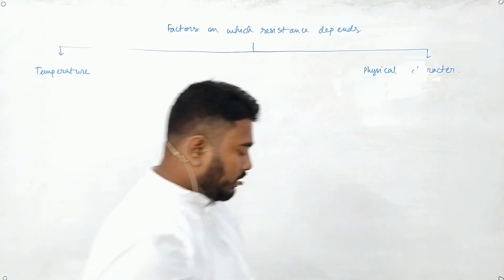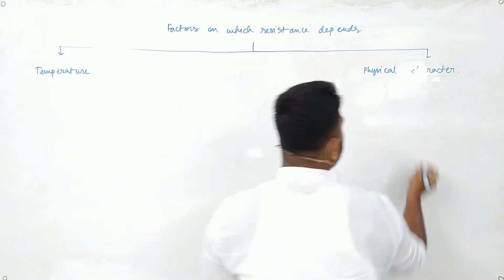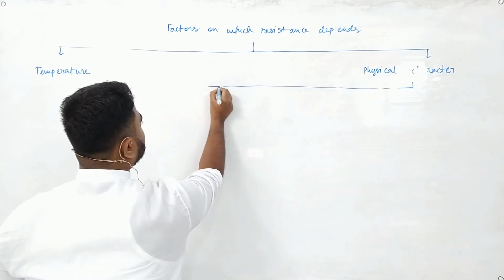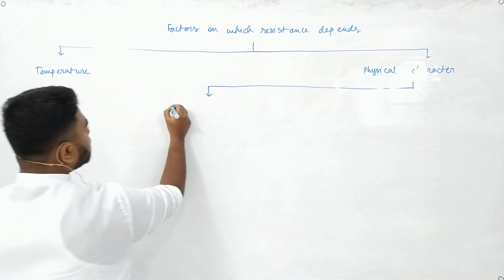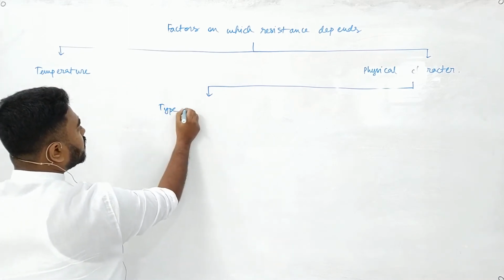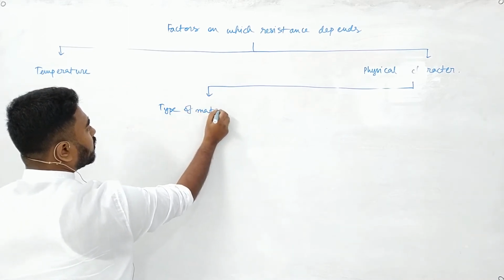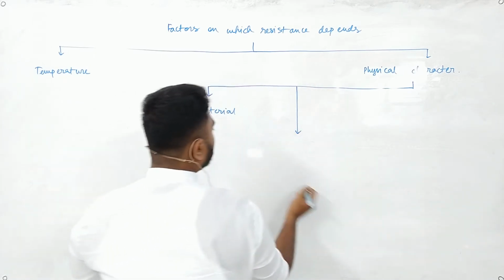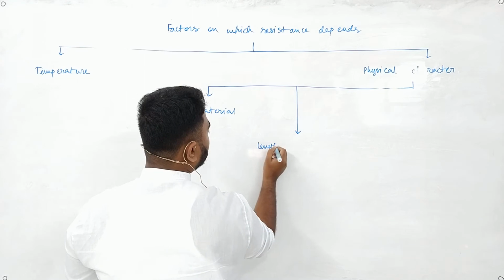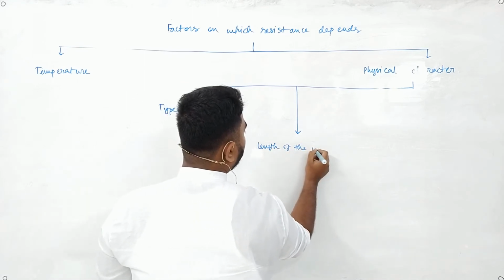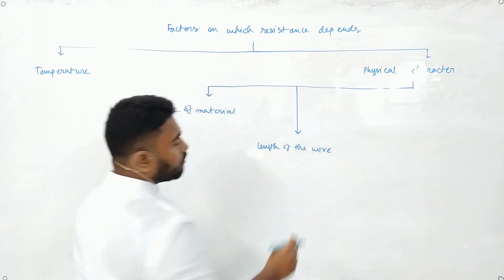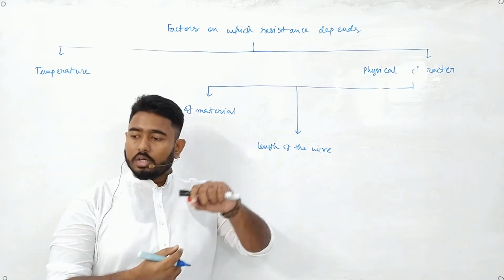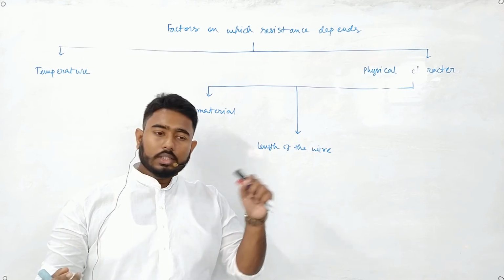Now this physical character can be broadly classified into three categories. First is type of material. Second is length of the wire. We are using the word wire because normally we use a wire and find out the resistance of that case.